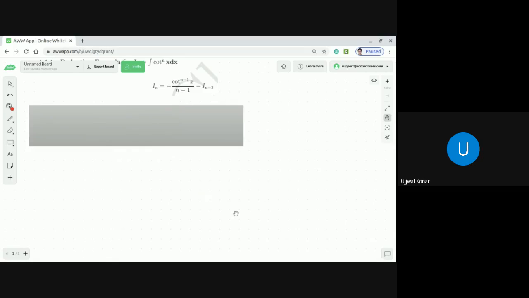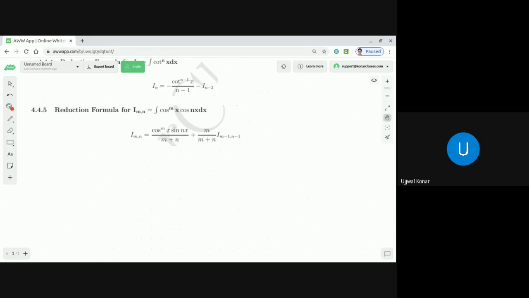Here I am giving it as I_mn. What is that? It is the integral of cos to the power m x into cos n x. Did you get my point, dear students? For example, suppose we need to find the integral of cos cube x into cos 2x dx.